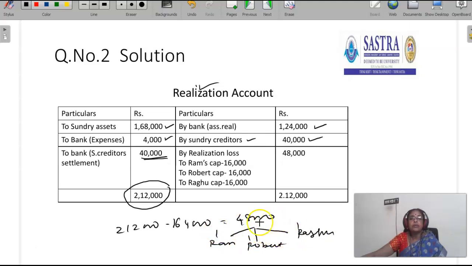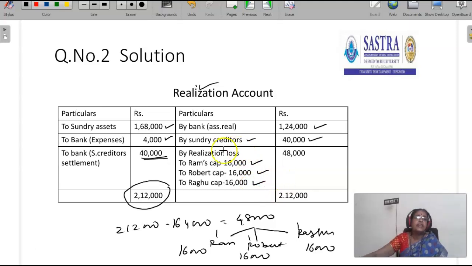The realization loss of Ram is 16,000 rupees, Robert 16,000 rupees and Raghu 16,000 rupees. So we write here, realization loss transferred to Ram's capital 16,000, Robert's capital 16,000, Raghu's capital 16,000.